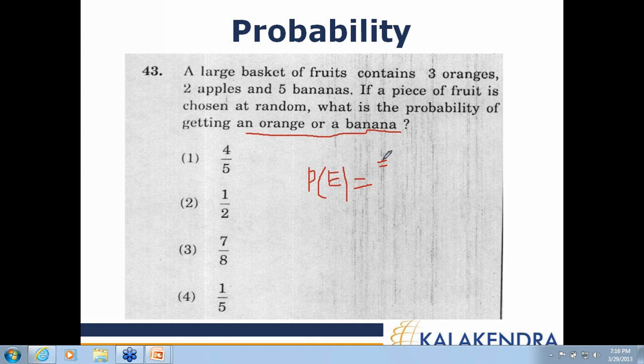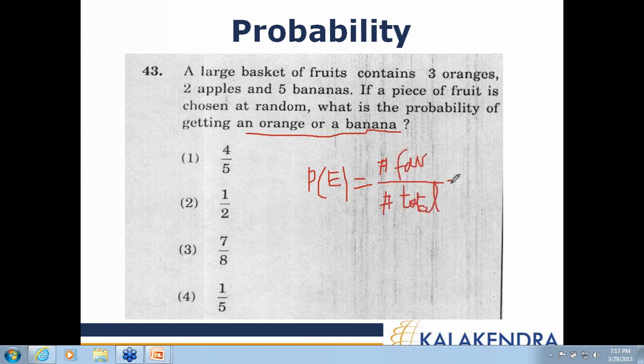So we're talking about the total number of fruits that this guy can pick up from the basket, which is 10, 5 plus 3 plus 2.